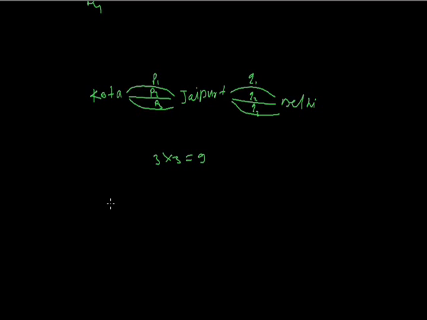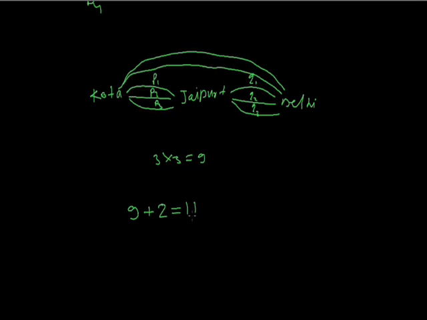Now, if we have another case in the above problem, if there are two different ways to go to Delhi from Kota directly, then the total number of ways to reach Delhi from Kota is 9 plus 2, which is equal to 11 ways.